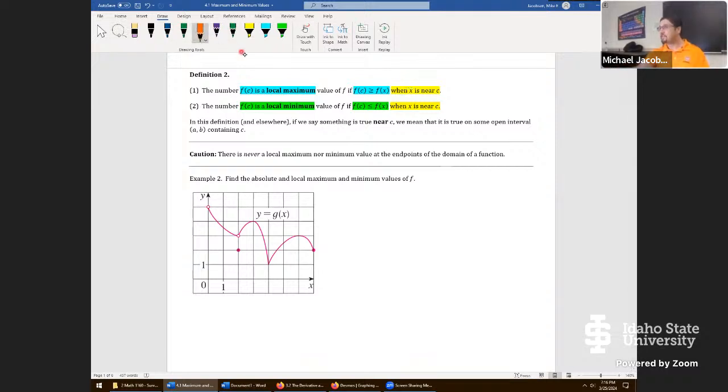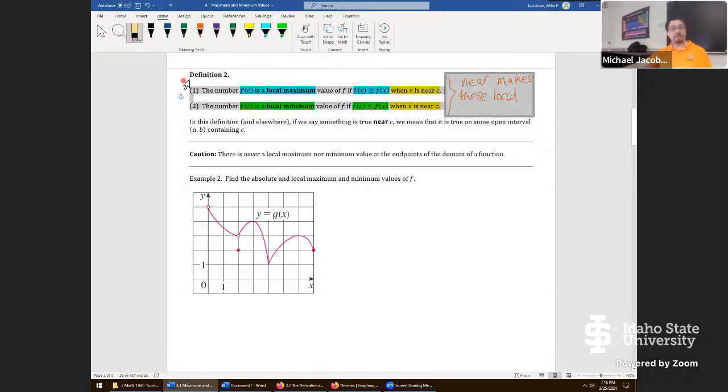The nearness is what makes this local. Near makes these local, which makes sense. By local, we just mean in the nearby vicinity, but that's not good enough for us in mathematics. We need to be a little bit more specific about that. So our author did this in a kind of an interesting way.